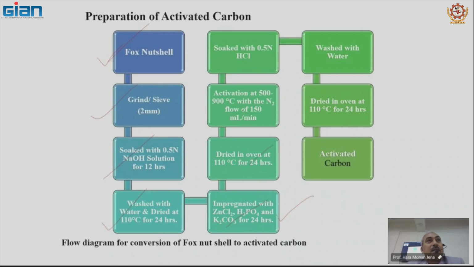Then activation at temperatures ranging from 500 to 900 was studied with the nitrogen flow, that is inert atmosphere, of 150 milliliter per minute. And this was soaked with 0.5 normal hydrochloric acid, washed with water, dried in oven at 100 degree Celsius for 24 hours again. Then the activated carbon is prepared.